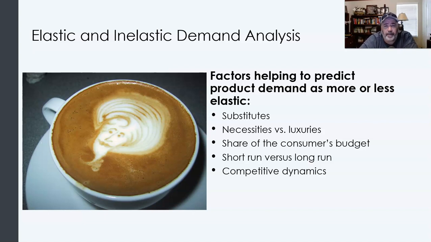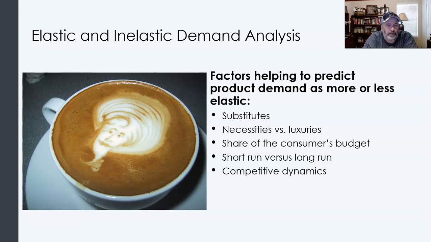Right? But if it's a luxury, going out to eat frequently, well, you can buy food for the home. That's something you can forego some of and save some money by buying groceries, that kind of thing. Right? Share of the consumer's budget. Again, certainly income elasticity is going to affect this, but also just how much does this particular good or service, whose elasticity you're trying to determine, consume of your budget?